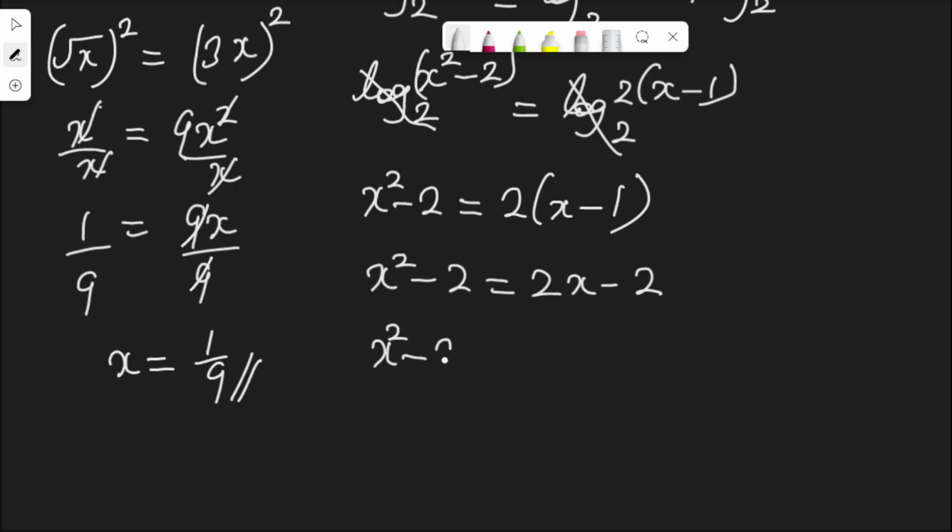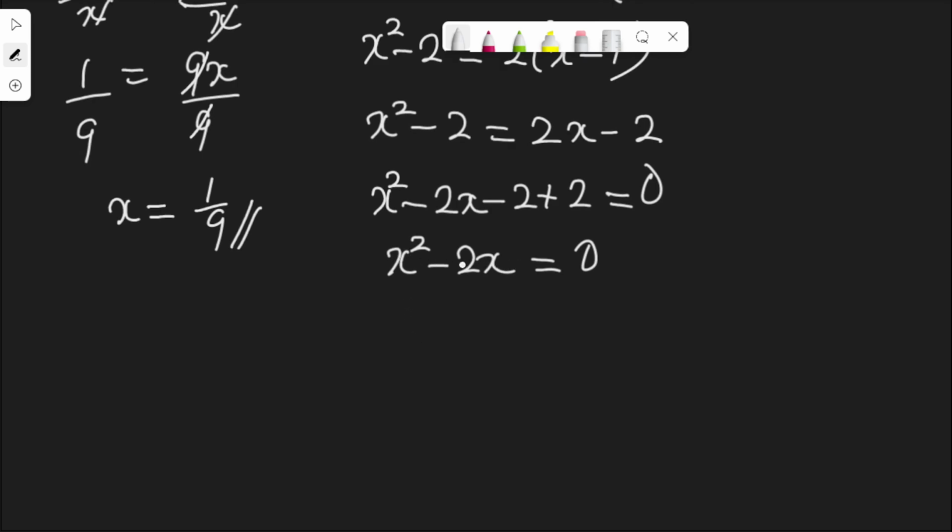So x squared minus 2x, then negative 2 there. When this negative 2 crosses to the other side, it becomes positive, equal to 0. That means x squared minus 2x, negative 2 plus 2 is 0. So the whole of this is gone, equal to this 0 here.